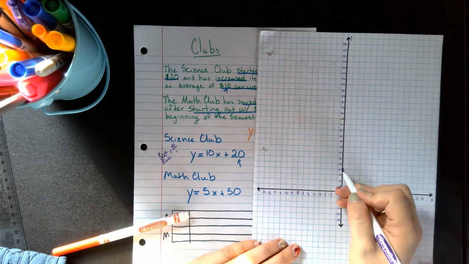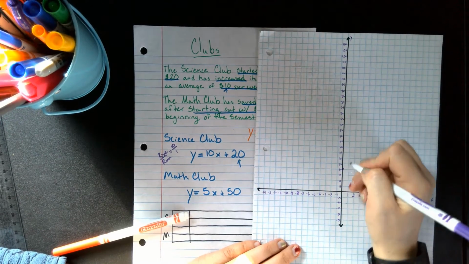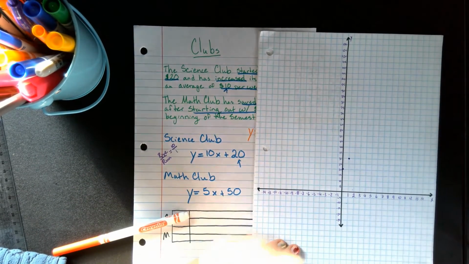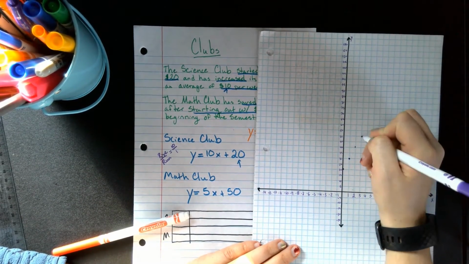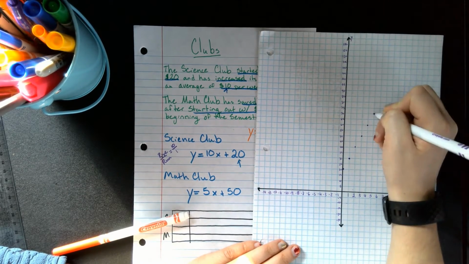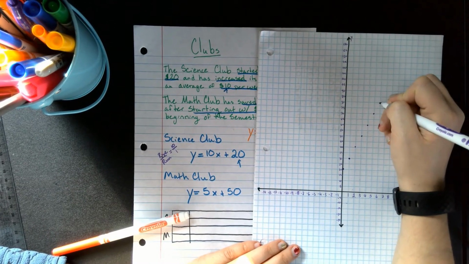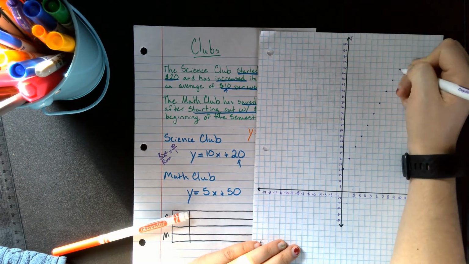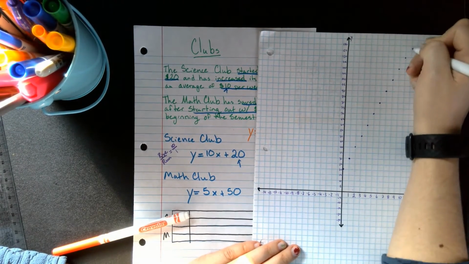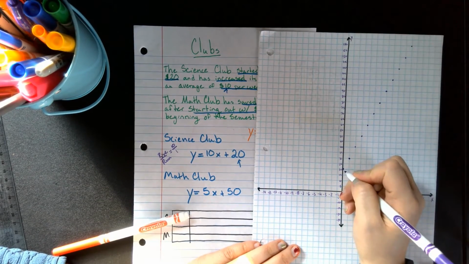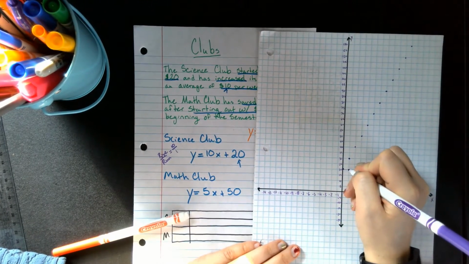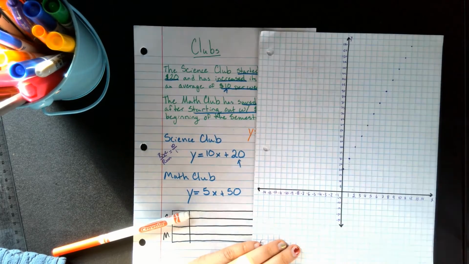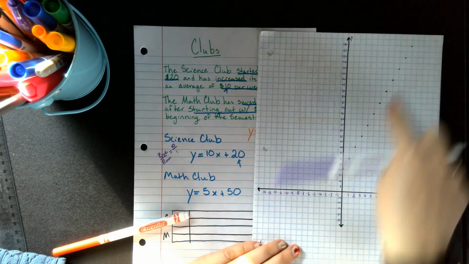So on our graph, we're going to go over 1, which is just 1 block, and then up 10, which is 2 blocks in this case. And we're going to do that. I like to do it for most of my graph. Now you're going to notice that I kind of just drag my marker over here. Once you get good at this, you can make these really fast little L's. If you need to, though, you can always do some dots. I try not to do too many of them, otherwise it starts to look a little weird.